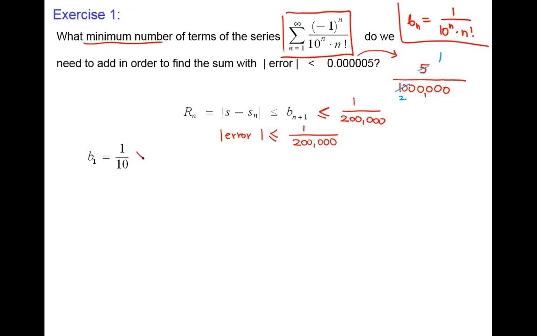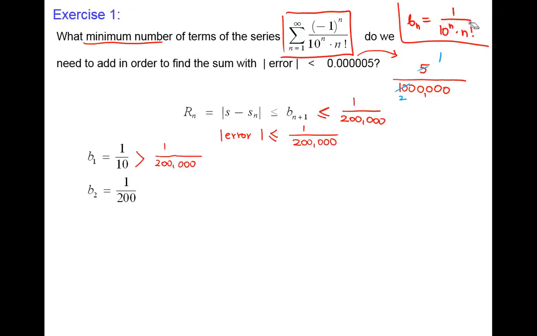But 1 over 10 is much greater than the number that I am looking for. I want my term to be less than 1 over 200,000.